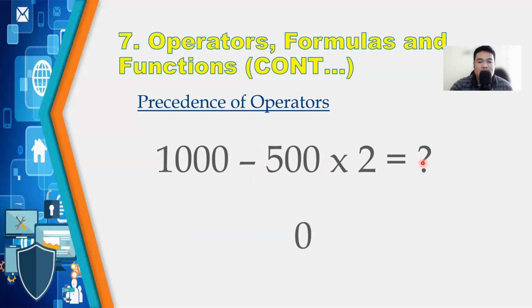Okay, so 0 is the answer of itong ating example natin na formula dito. Okay, so that's how Microsoft Excel evaluates yung mga formulas and functions na ilalagay natin later on sa ating mga cells doon sa Microsoft Excel na application program natin.